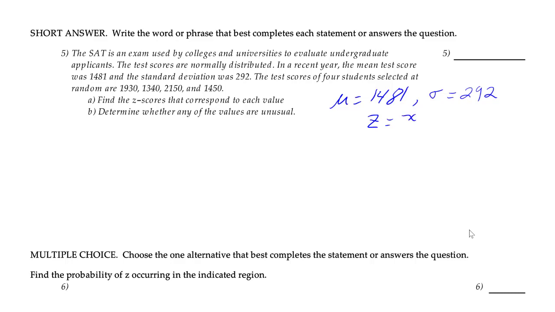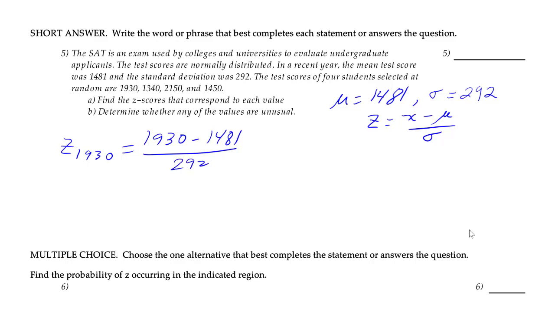So we do x minus mu over sigma. The z-score associated with the 1930 value would be 1930 minus 1481 over 292, your x value minus mu over sigma. If you do that, you get about 1.54.